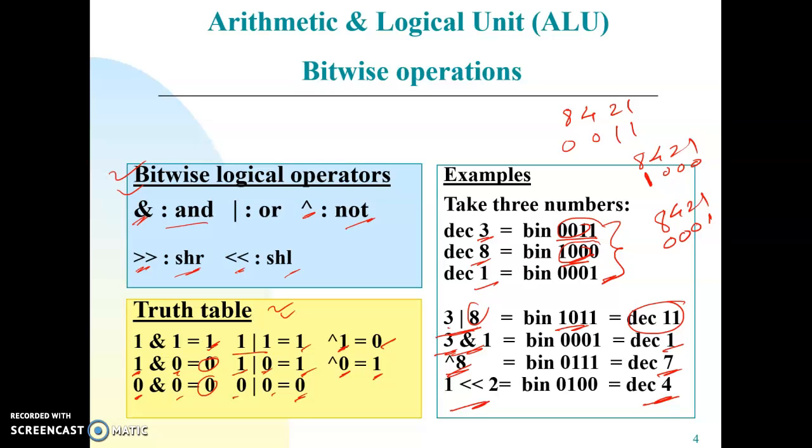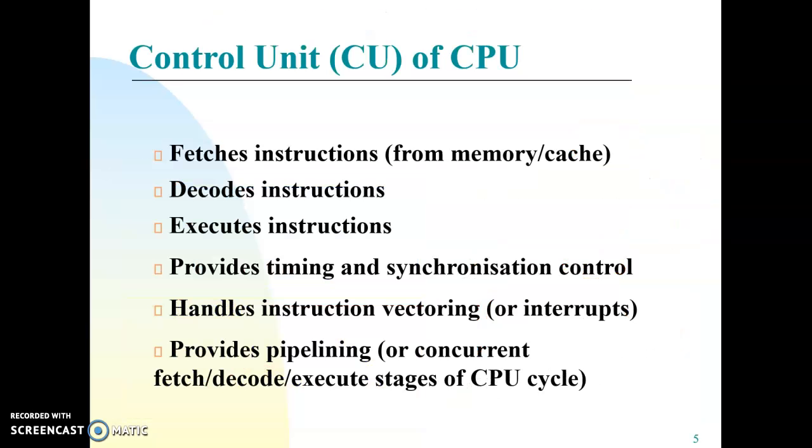The next slide is given for the central processing unit. So here you can see the central processing unit is discussed. The central processing unit is the primary component of a computer system and it is used to process instructions.